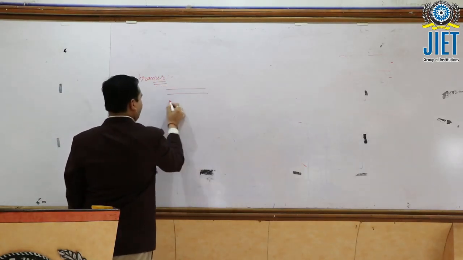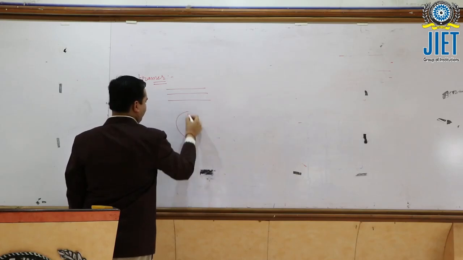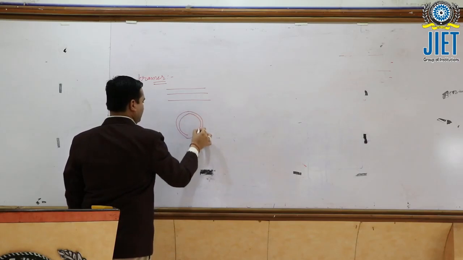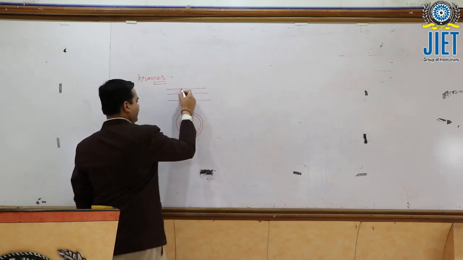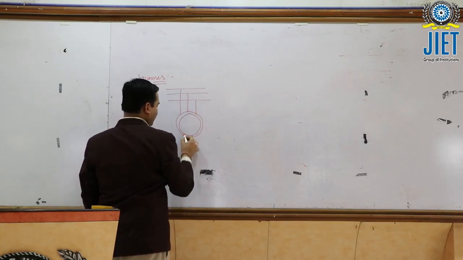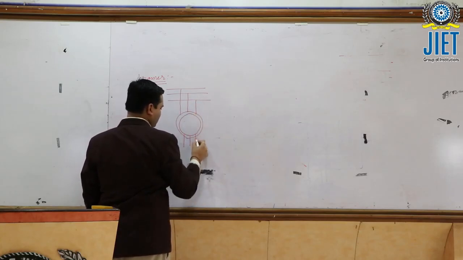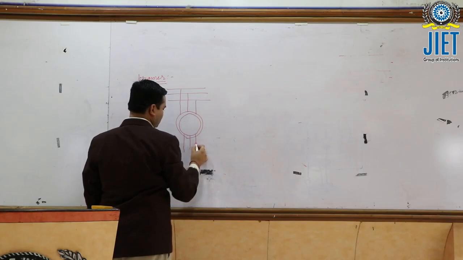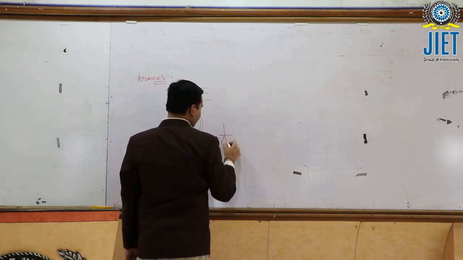Three-phase supply, the input side circuit is the same as the previous one. This is the induction motor stator side, this is the rotor side. Three-phase supply is given to the stator side of the induction machine. At the rotor side, this is the rotor side control. A diode bridge is connected here.